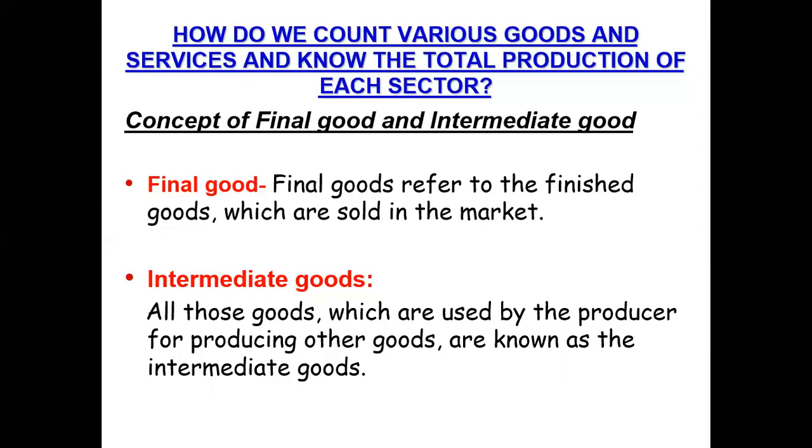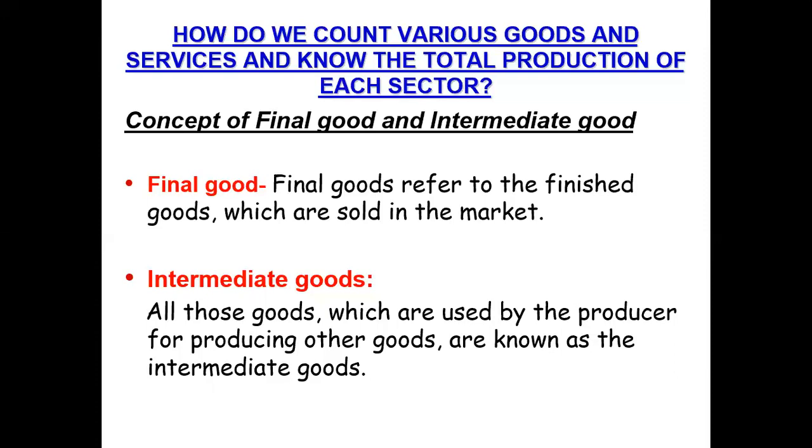The sum of the production in all sectors gives us what is called the GDP of a country. GDP is gross domestic product. It is the value of all the final goods and services produced within a country during a particular year.